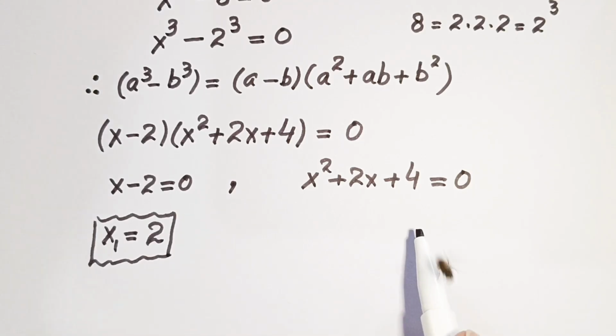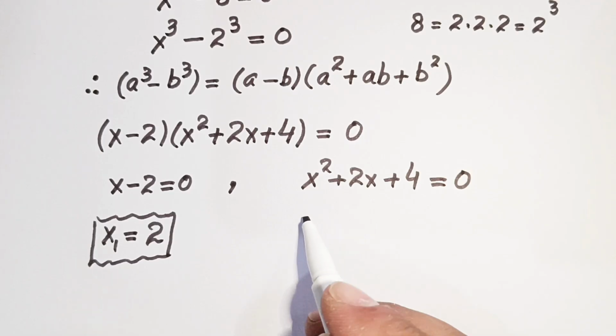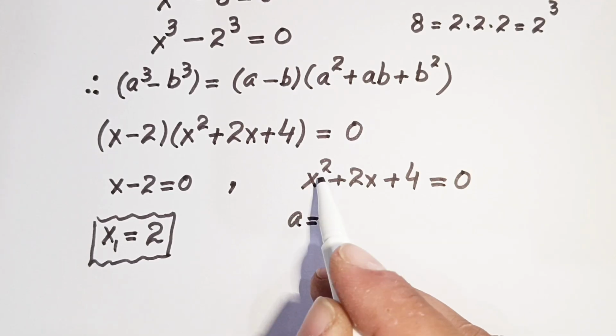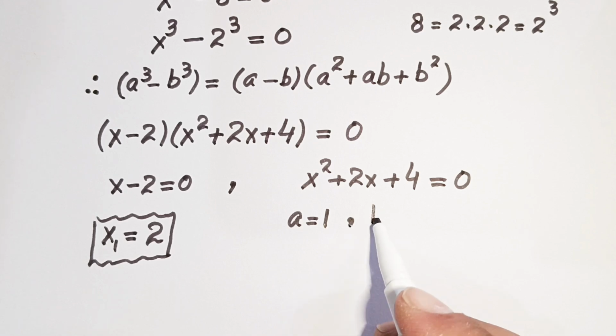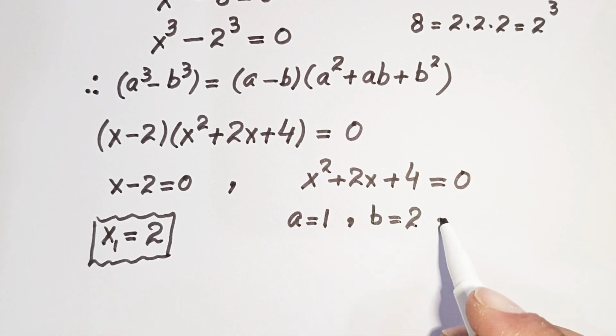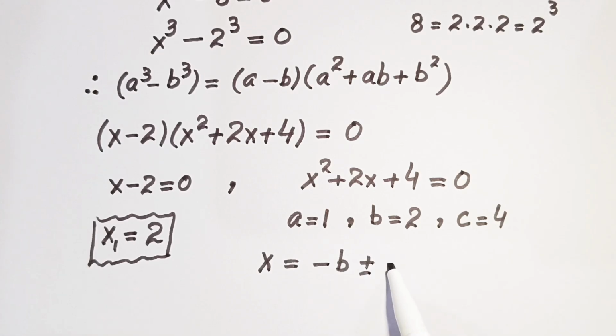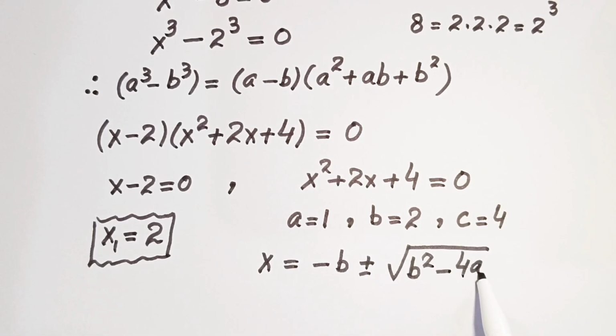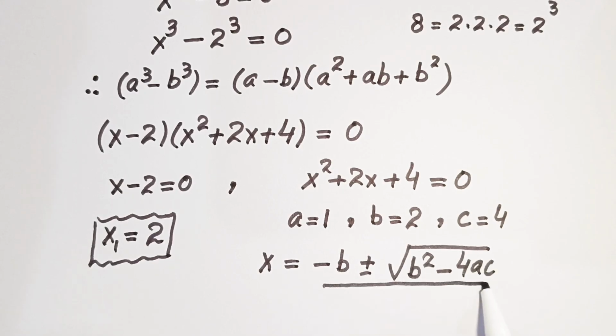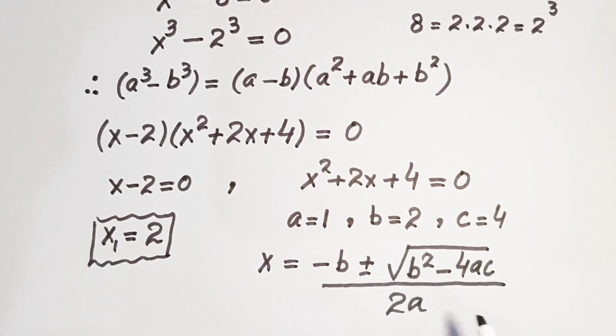Now the second equation is a quadratic equation, so here we use the quadratic formula. Here the value of a, the coefficient of x squared, is 1, b is plus 2 and c is plus 4. Now we know by the quadratic formula that x is equal to minus b plus or minus the square root of b squared minus 4 times a times c, all over 2 times a.